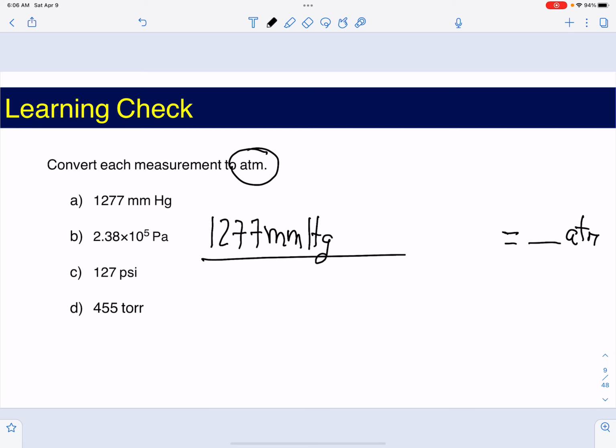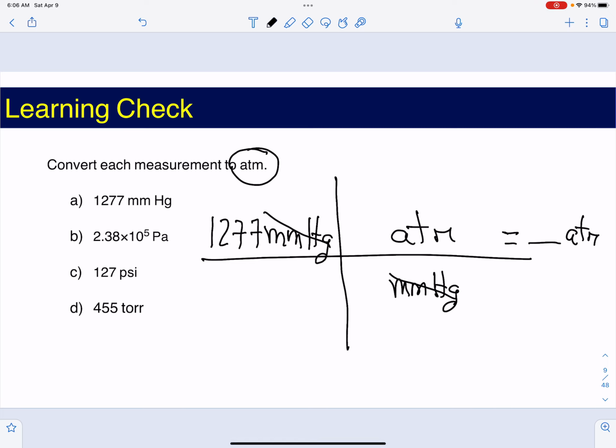Yes, I can, because I don't care about the millimeters of mercury, right? Because I'm looking for atmospheres. And according to the conversion factors I just showed you, 1 atmosphere equals 760 millimeters of mercury. So it's nothing more than 1277 multiplied by 1 divided by 760. So that's one way of doing one of them. And whatever that is, you can put it in your calculator.